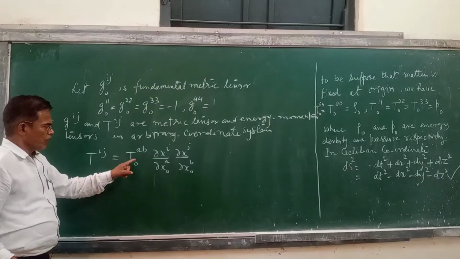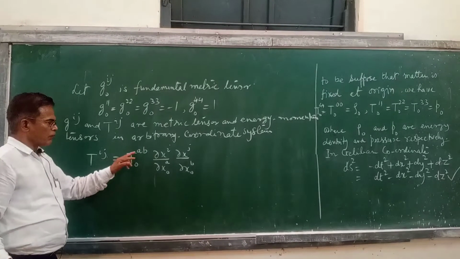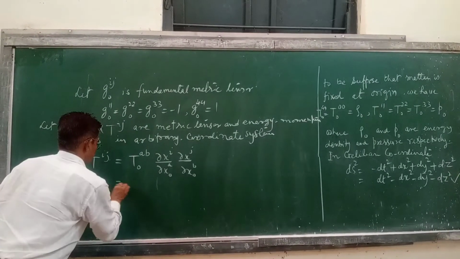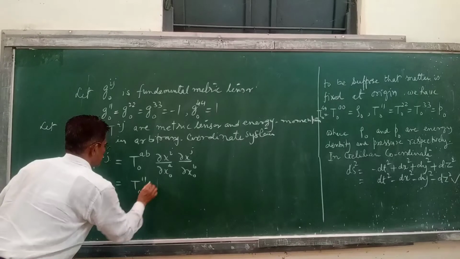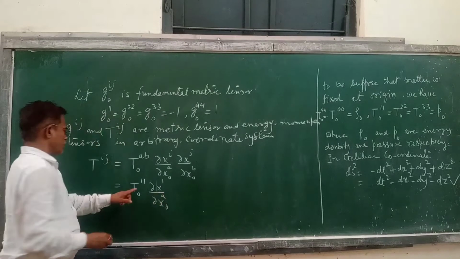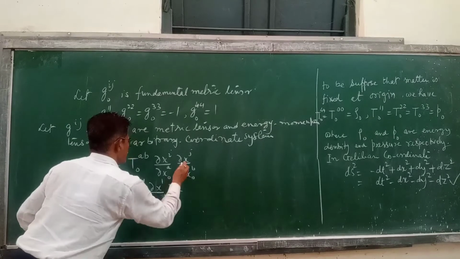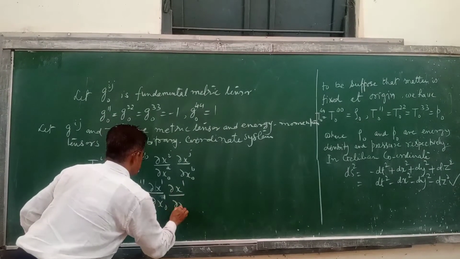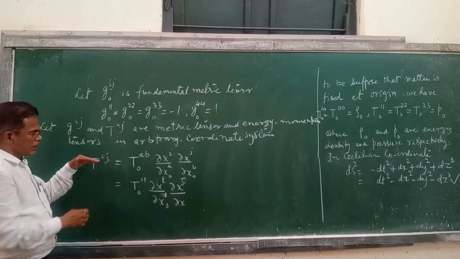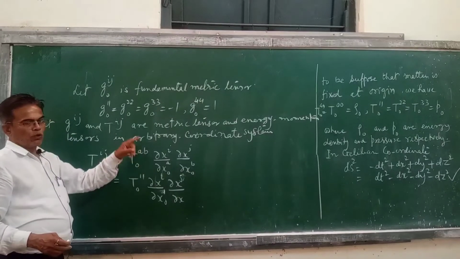A and B are dummy suffixes that run from 1 to 4 because this is a 4-dimensional space, while i and j are free indices.